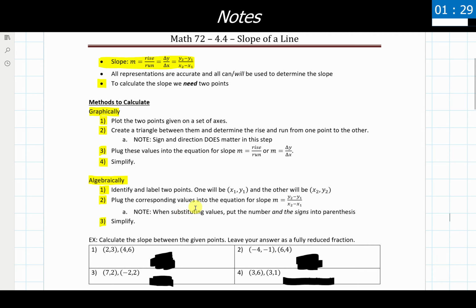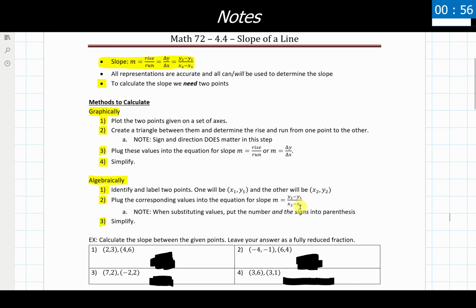Now it should be noted, when you are substituting numbers in for y2, y1, x2, and x1, you absolutely must put the number and the sign for each of these into this equation inside of parentheses. Very often I see people say, okay, y sub 1 is, let's say, the number negative 3. Well, this is y2 minus y1, and y1 is negative 3.